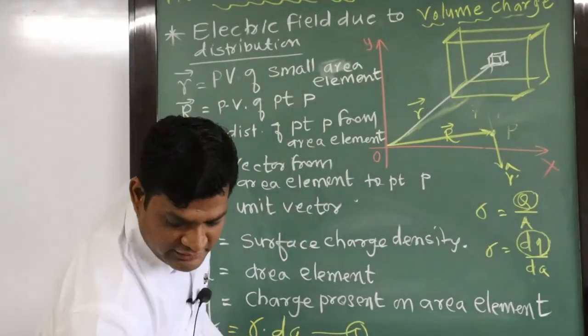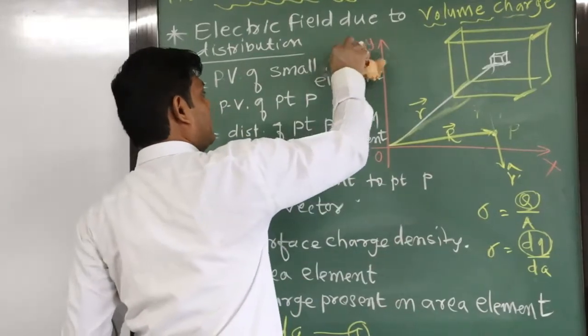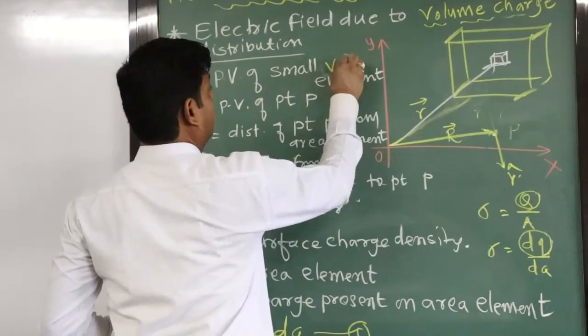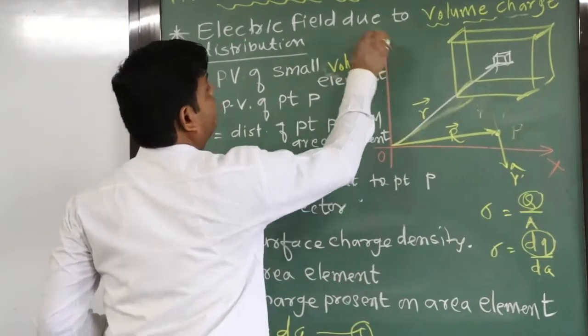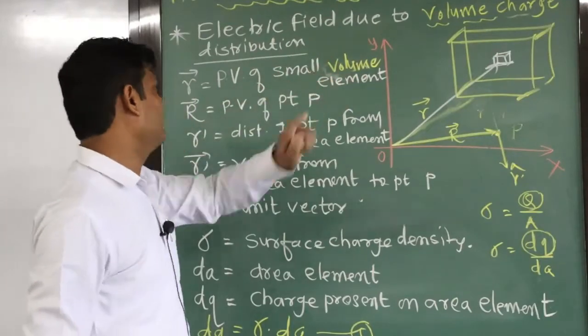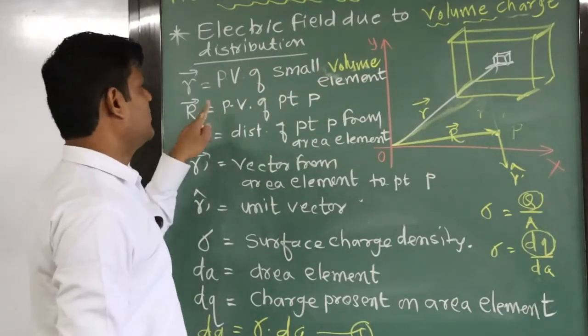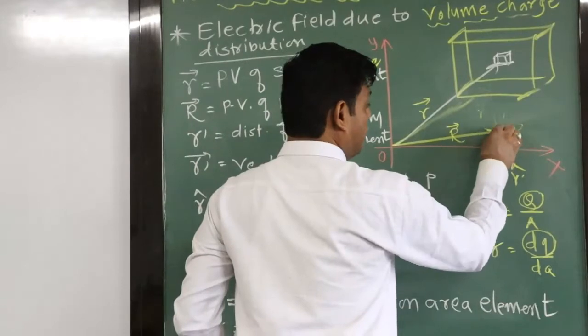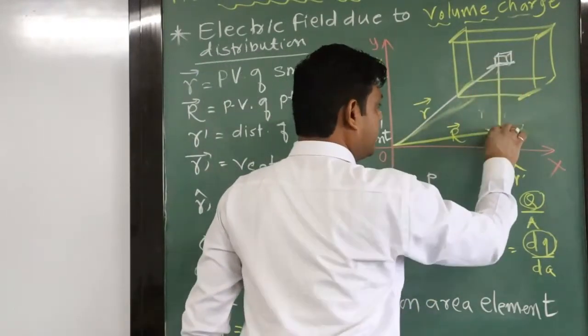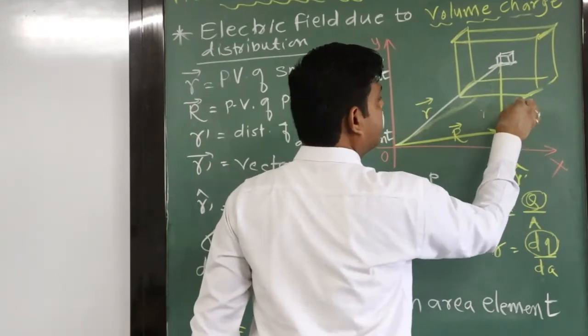Instead of area element, we will write volume element, right? R vector is the position vector of volume element. R dash is the position vector where we want to calculate the electric field, right? So in this way we will draw that R dash vector.